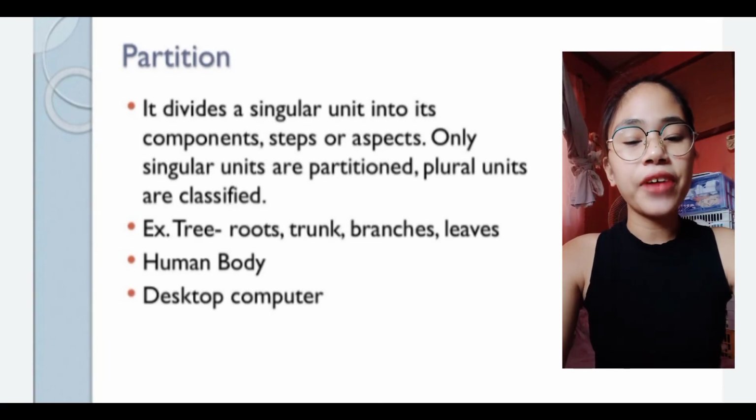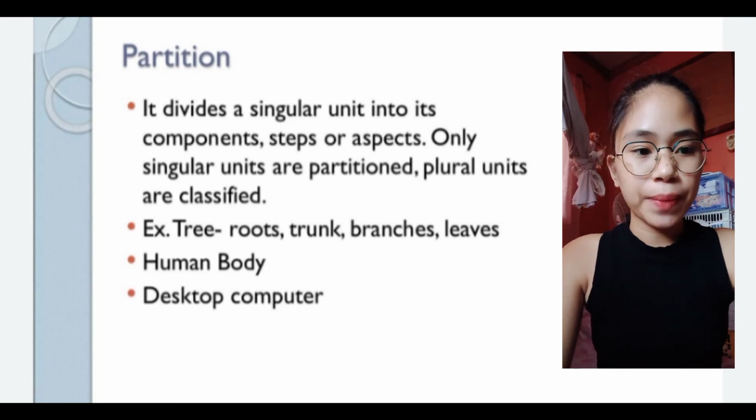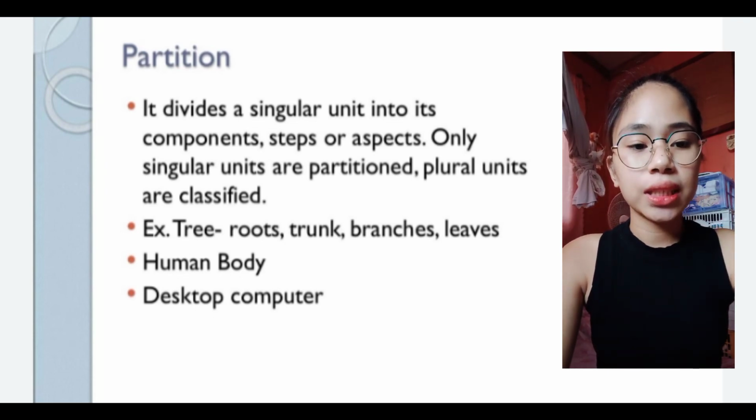Partition divides singular units into their components, steps, or aspects. Only singular units are partitioned; plural units are classified. Examples: tree, roots, branches, leaves; human body; desktop computer.